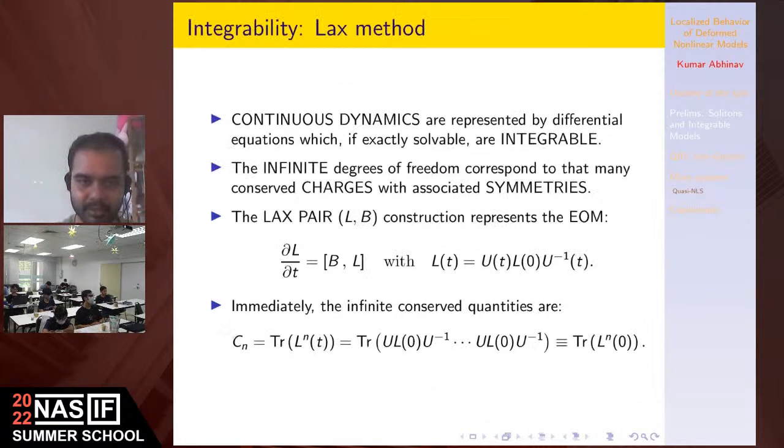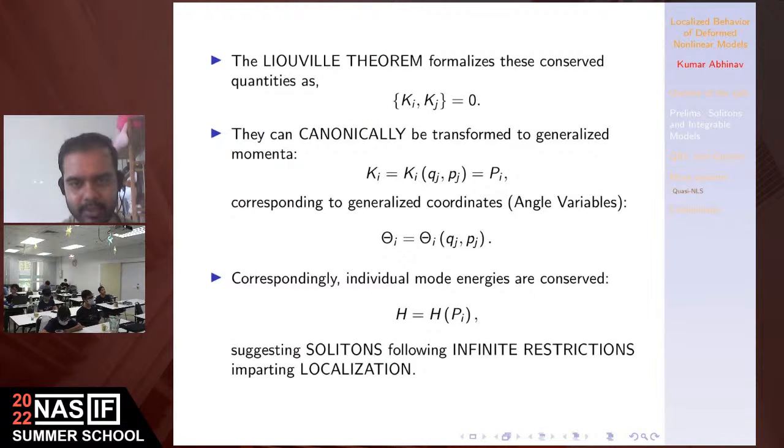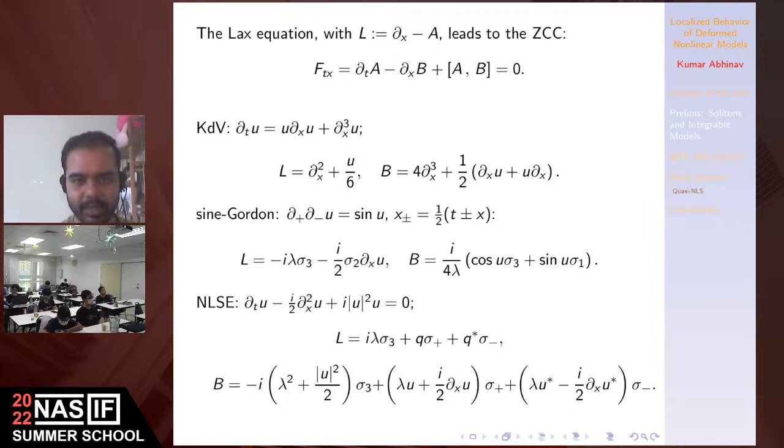If you remember this equation I was talking about, yes, this Lax equation here, del L del T is the commutator of B and L, where L, if I replace as del x minus A, then this equation itself, which is the equation of motion, can be expressed as this: time derivative of A minus space derivative of B plus the A B commutator, that will be 0. That is the equation of motion.